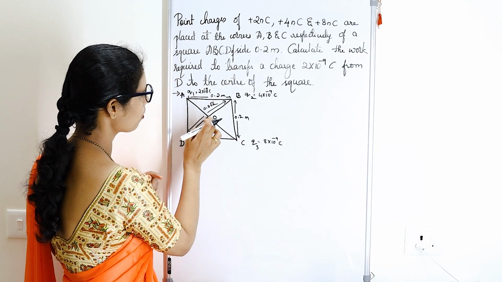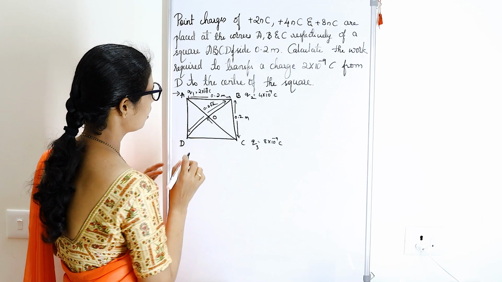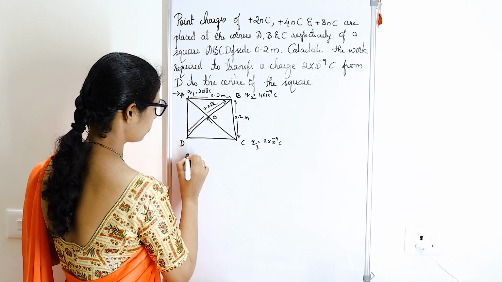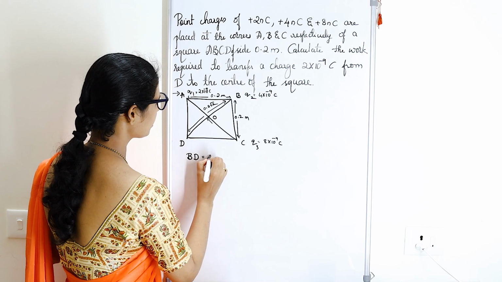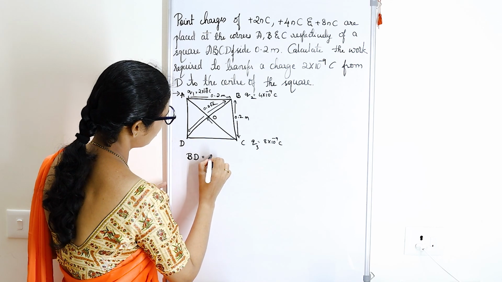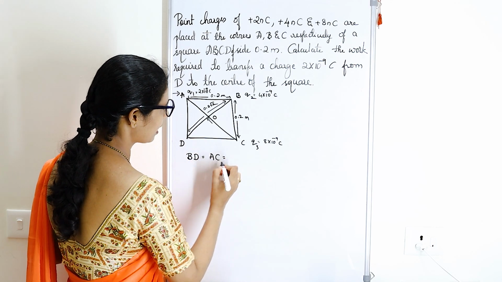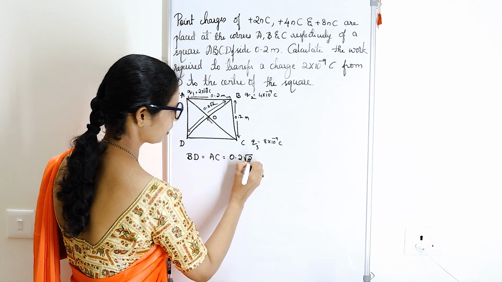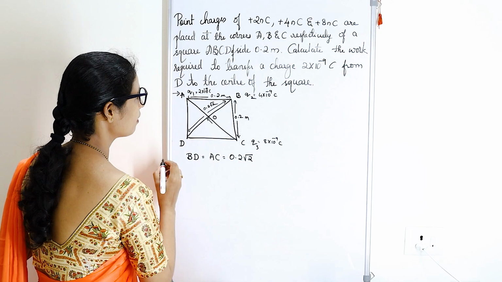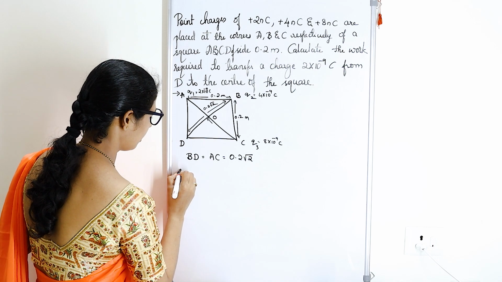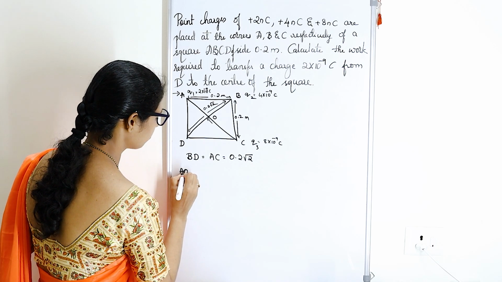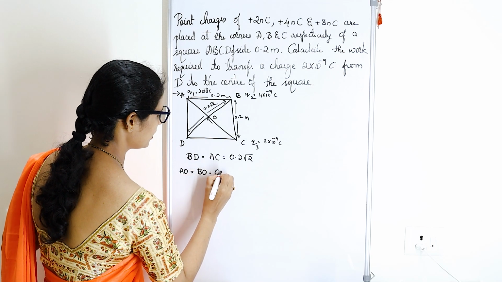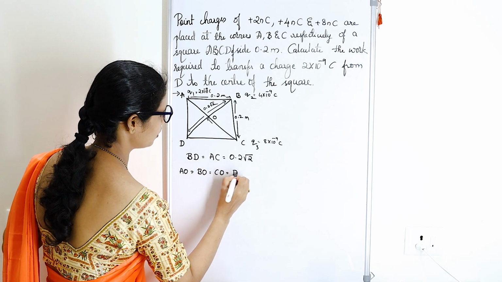I'll write it down. BD equals AC. These are the diagonals, and the value of this is 0.2 root 2. What will be the value for AO, BO, CO and DO?